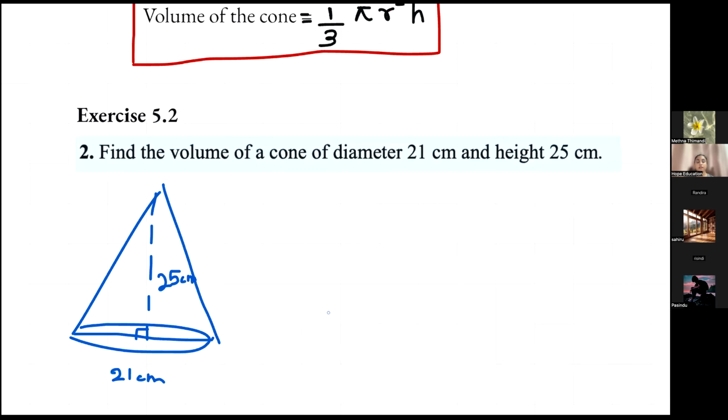We have already learned the formula, right? So volume equals 1 over 3 pi r squared h. 1 over 3, we know pi is 22 over 7. What is the radius here? Because we need r squared.